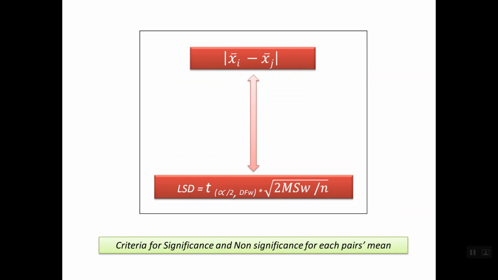So what's the criteria in order to use the LSD? Actually, we are comparing two values. The first value is the absolute difference between two means. For example, for two groups, we get the two means for both groups, and we get the absolute value of the difference of the two means. And we compare this value with the value we get from the LSD test.